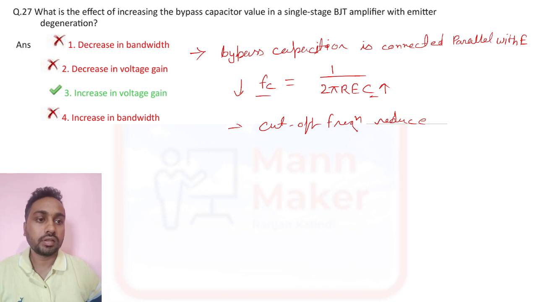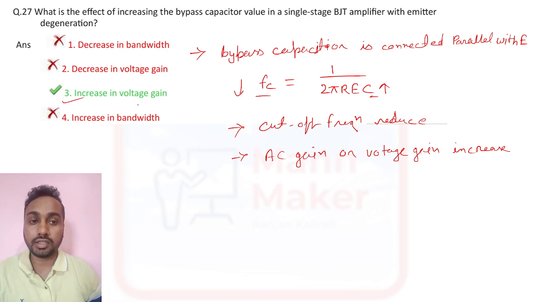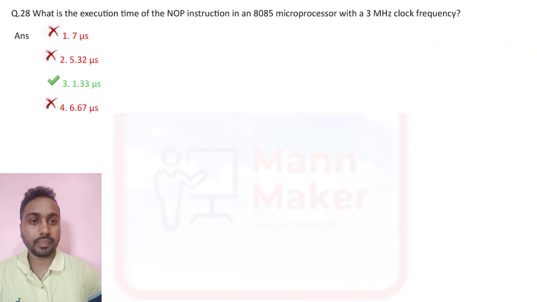Just remember this. And the AC gain, or voltage gain, will increase. This will be your answer for a single stage BJT amplifier.